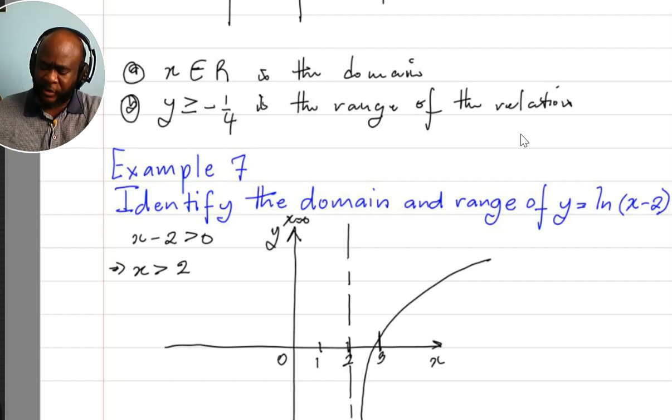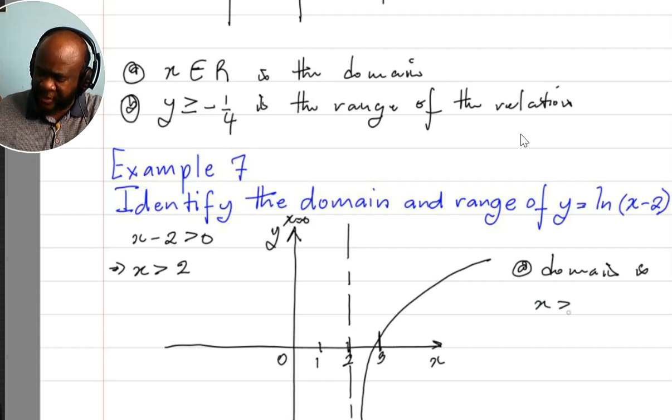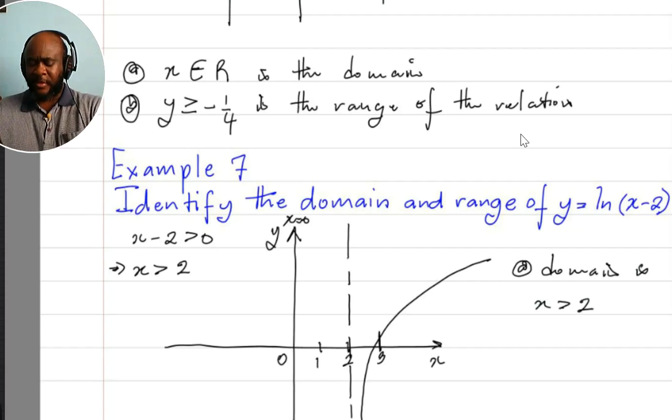So the domain is x is greater than 2, because every value that is less than 2 will not correspond to a value of y.